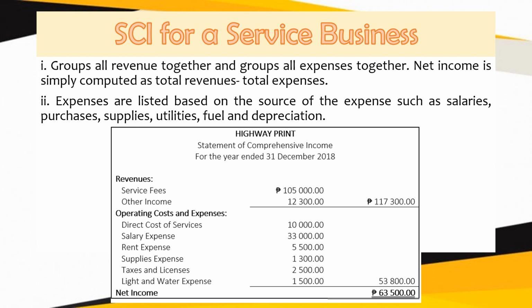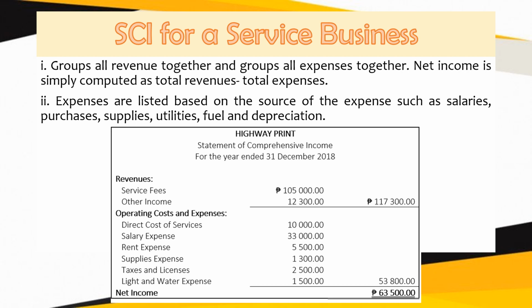For the expenses, expenses are listed based on the source of the expense, such as salaries, purchases, supplies, utilities, fuel, and depreciation. For Highway Print, we have the direct cost of services, the salary expense, the rent expense, supplies expense, taxes and licenses, light and water expenses, or the utilities expense. You have to get the total expenses, a total of 53,800.